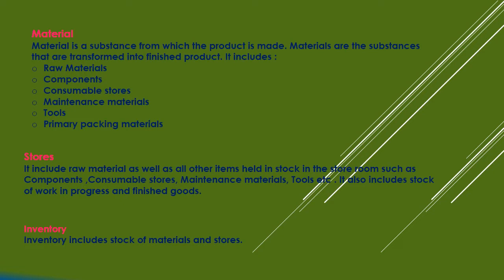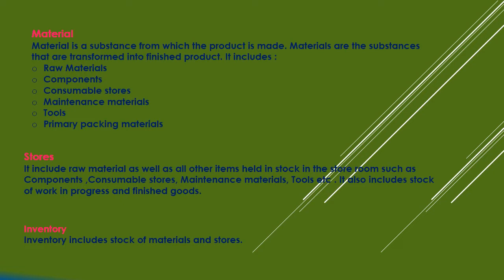And after stitching, if we are packing that in a packet, then that primary packing material is also included in the material. So the material is a substance from which the product is made, and materials are the substances that are transformed into finished product.